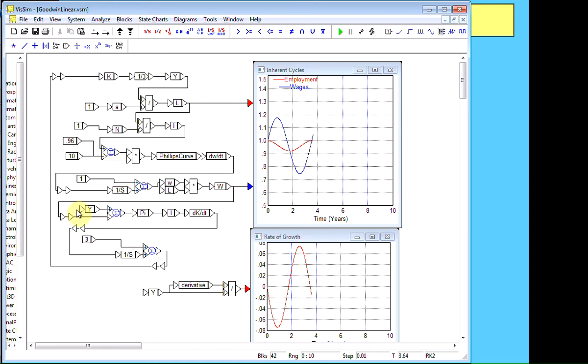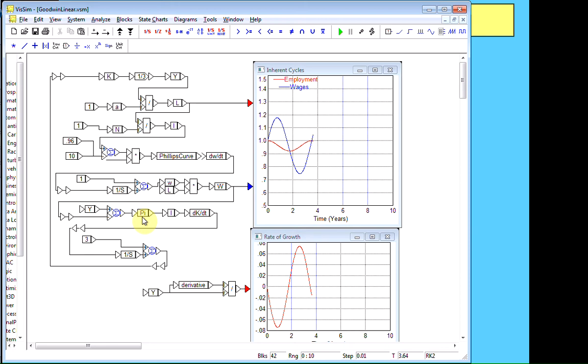Then this is a very simple two-class system. There's only workers and capitalists in this model. No bankers, okay, very, very simple. To work out what profits are, you subtract wages from output. So here's output, which we've already worked out further up on the screen. I then subtract wages from output and I've got profits.